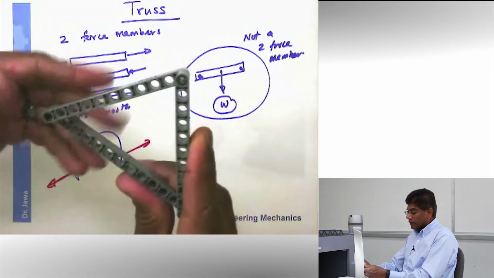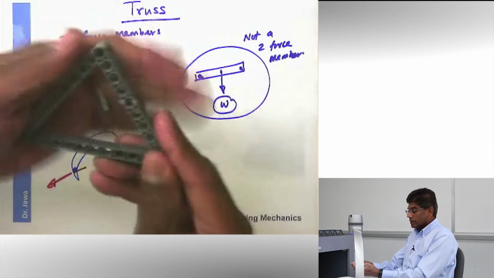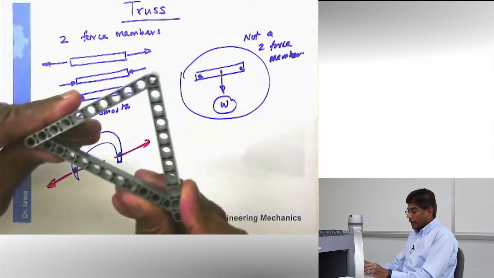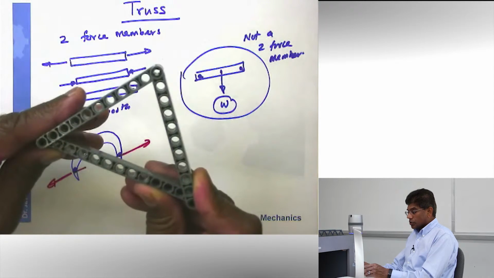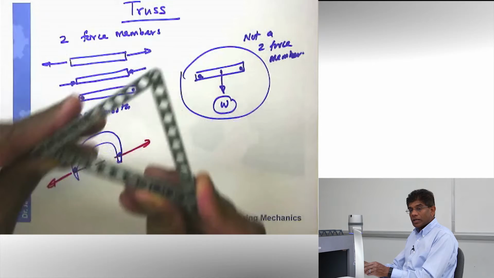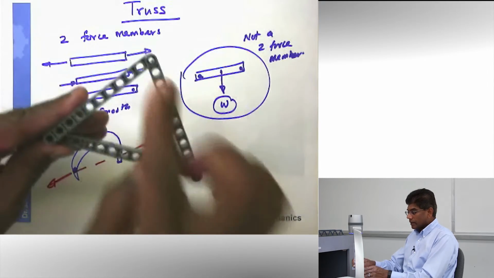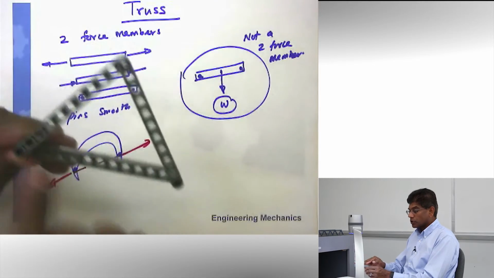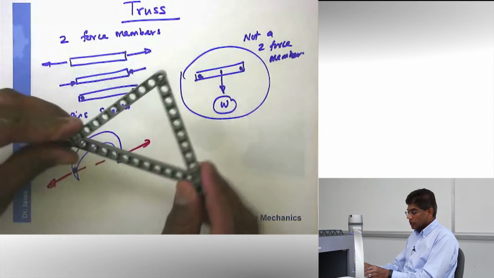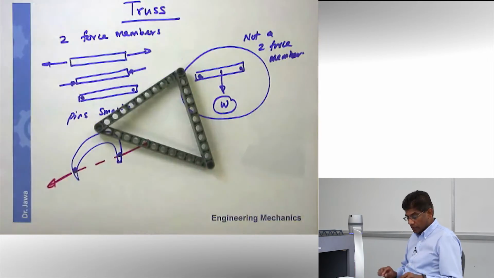This is actually a rigid structure. All right, this is stable, rigid, and therefore a triangle structure is the simplest structure that is possible. In fact, it is rigid, stable, and it is made of 3 members, 3 two-force members. So a triangle structure is the simplest possible structure.